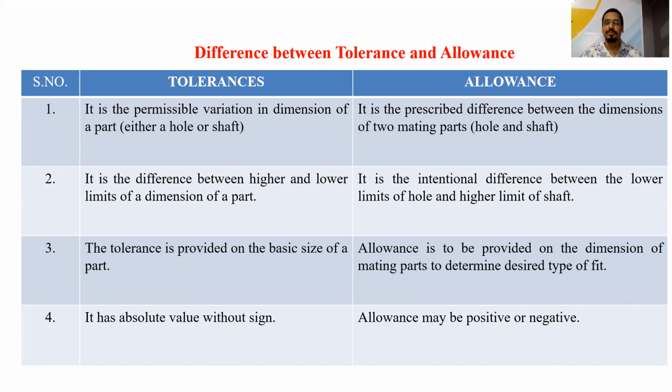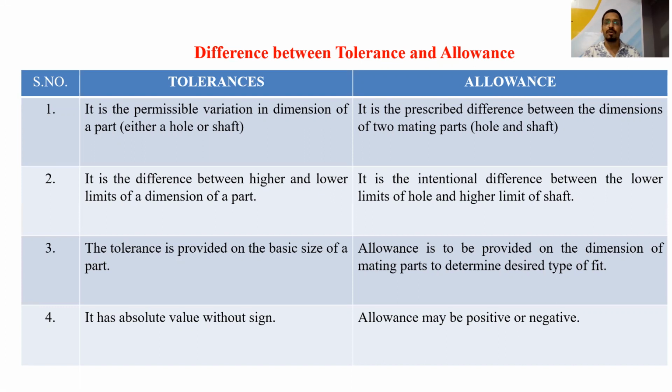So this is the basic difference between tolerance and allowance. Second point: tolerance is the difference between the higher and the lower limit of the dimension. I've already told you that tolerance is defined as the difference between the higher limit and the lower limit of the hole or shaft.